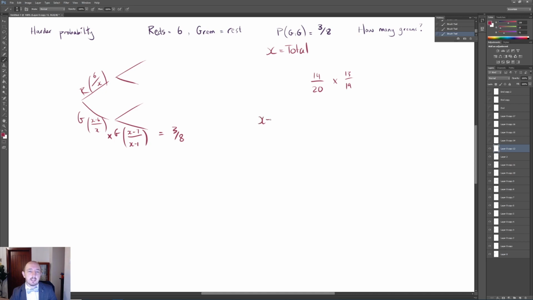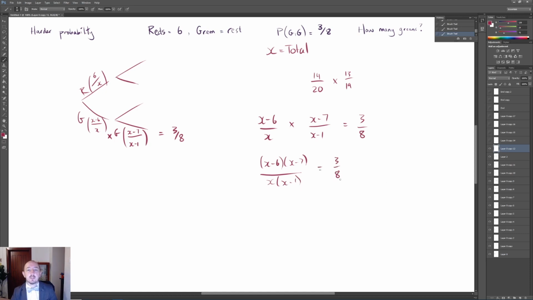So we're starting to generate some algebraic equations here. x minus 6 over x multiplied by x minus 7 over x minus 1. Okay? We multiply the top and the bottom together, so we get x minus 6, x minus 7 over x brackets x minus 1 equals 3/8.